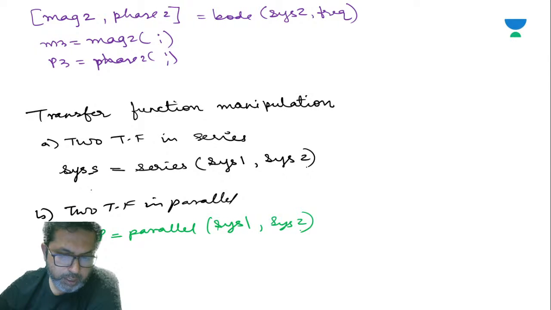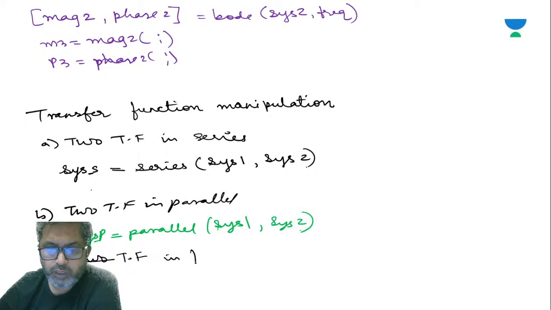Then we will say third part, two transfer functions in feedback loop.